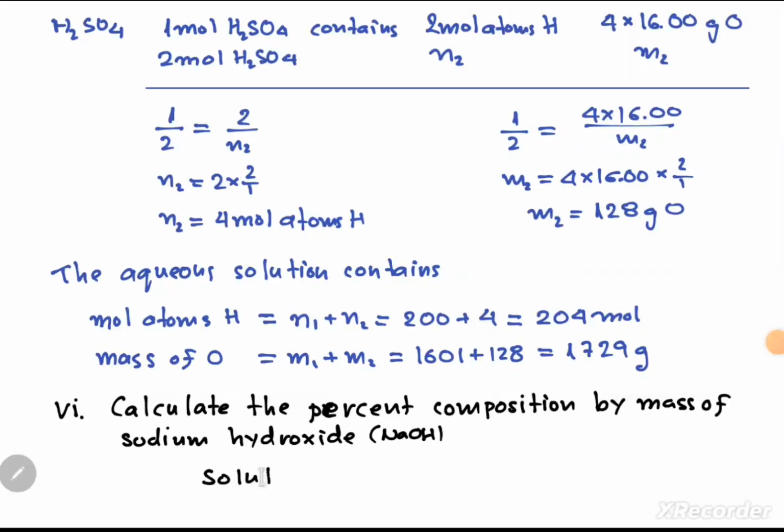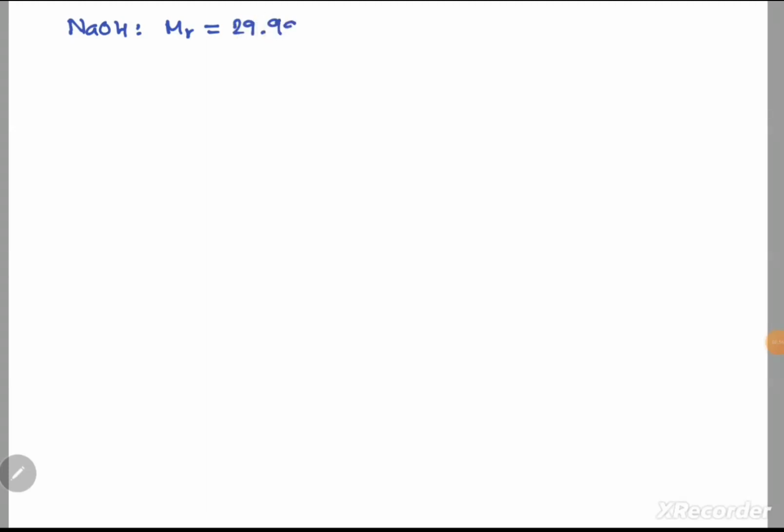Let's see the solution. We are interested for mass, so we find MR. For sodium hydroxide, we have MR equal with 40.